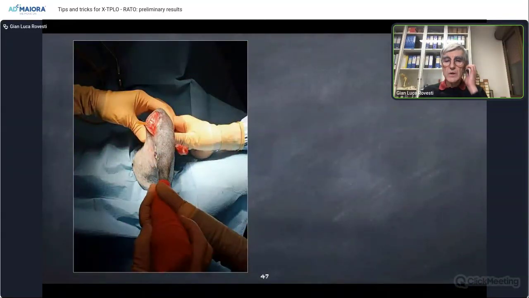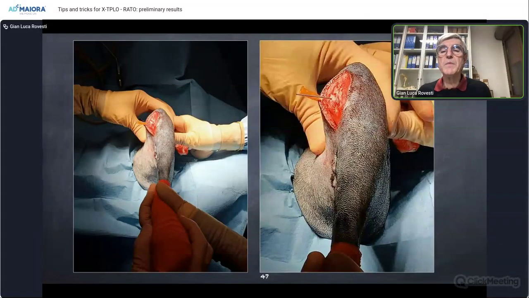Now I will hold the limb in vertical position because I'm inserting a K wire 8-10 millimeters below the joint level that is marked by the insulin needle. I will insert a 1 millimeter K wire. Why 1 millimeter?